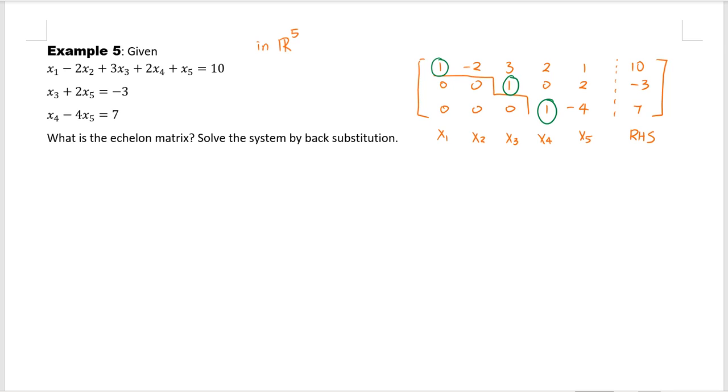This is the 4,1 entry. Now the first column, we have a leading entry, right? But do you see the second column? We don't have a leading entry. The third column, we have a leading entry. The fourth column, we have a leading entry. But the fifth column, we don't have a leading entry. So those two columns have no leading entries.